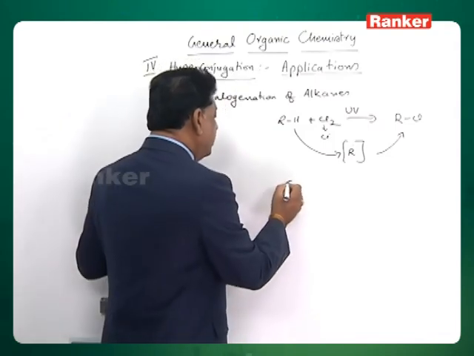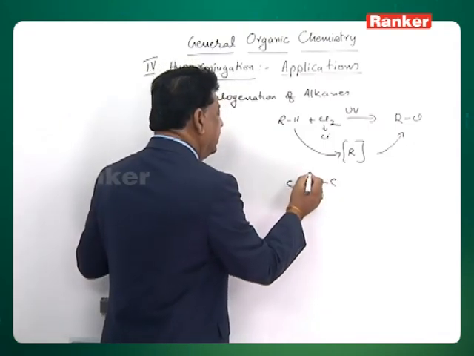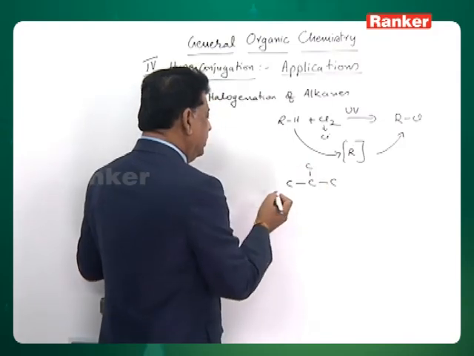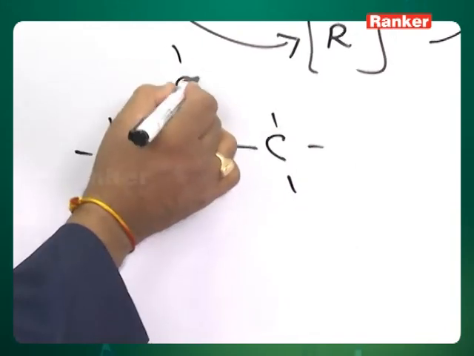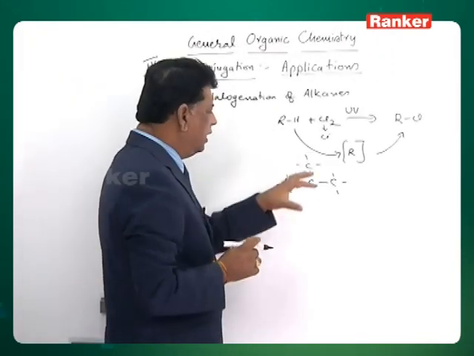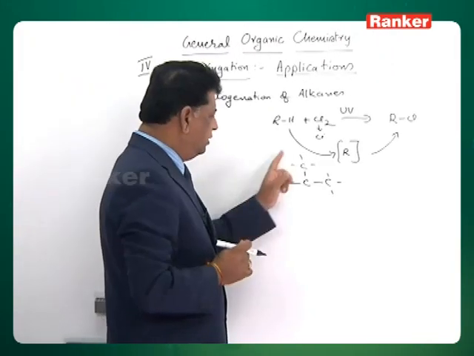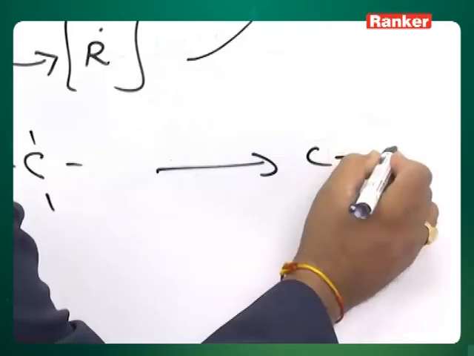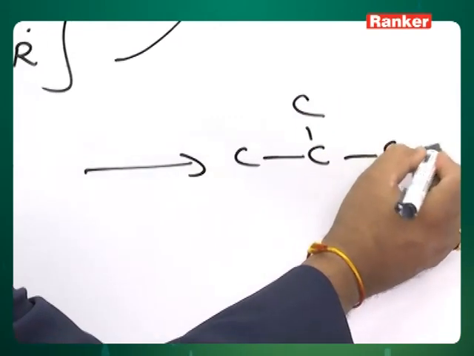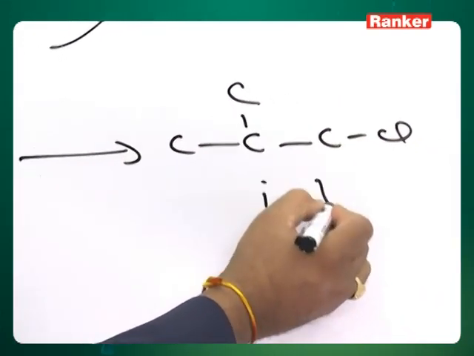Now for a compound like, for example, isobutane, it has 3 hydrogens, 3 hydrogens, 3 hydrogens. These 9 hydrogens are identical. Any one of the hydrogens, if you halogenate it, you will get the same product, that is isobutyl chloride.